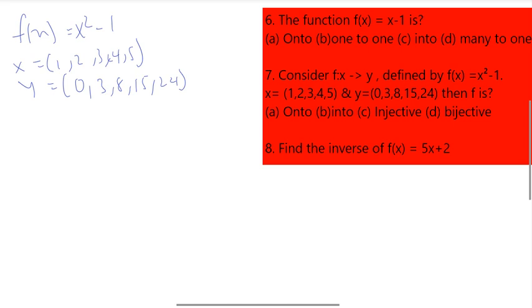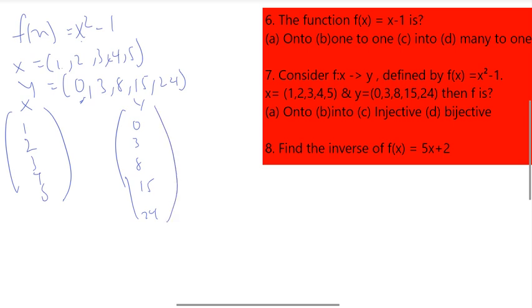So they're asking us to find whether f is onto, into, injective or bijective. When we put 1 here, 1 square minus 1 will give us 0, which is the first one here. So we have x is 1, 2, 3, 4, 5, then y is 0, 3, 8, 15, 24.